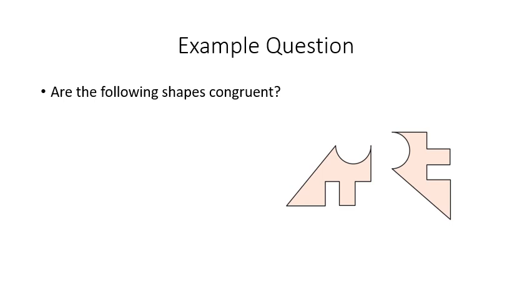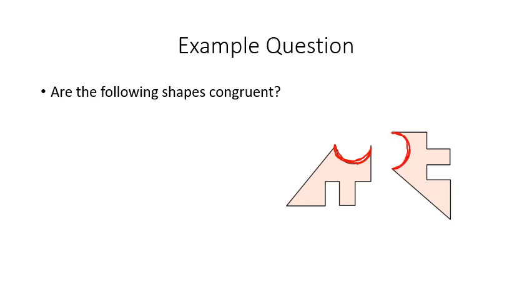So let's look at an example question. The question says, are the following shapes congruent? Well, essentially, we're trying to find out if they are the same size, but they've just been rotated, reflected, or translated. Essentially, do the corresponding sides on each shape match up? Well, we have this half circle on one side, and we also have a half circle on the other side, so that's a good start.